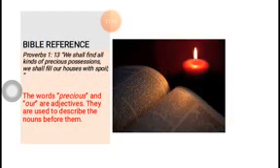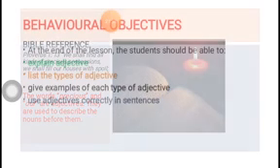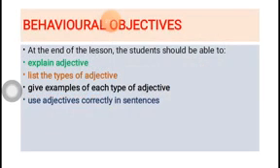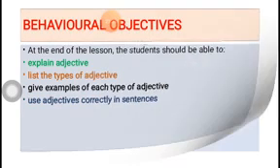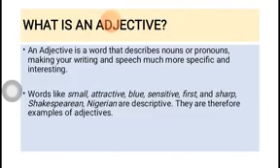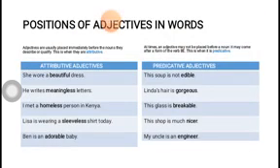Okay, we outlined our behavioral objectives, and that plunges us into the content of today's lesson. We have defined adjectives and stated why they are very, very essential in everyday writing and speech. Okay, we have looked at how to position adjectives, and we eventually discovered that we have two classes of adjectives: the attributive and the predicative, with examples.